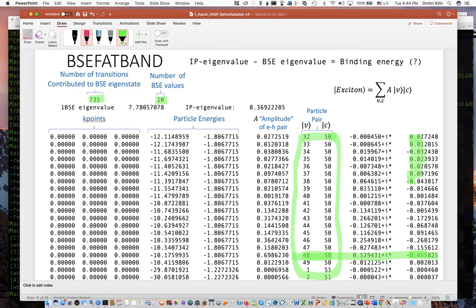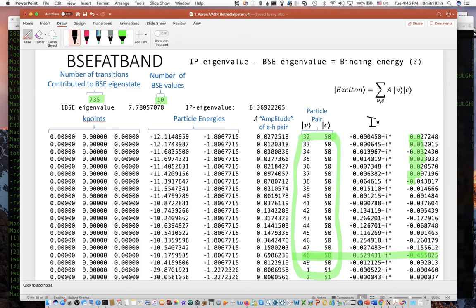Yes, except I think the amplitude is the column to the left. Or it is a complex number with both real and imaginary parts. Oh, that could be what it is.